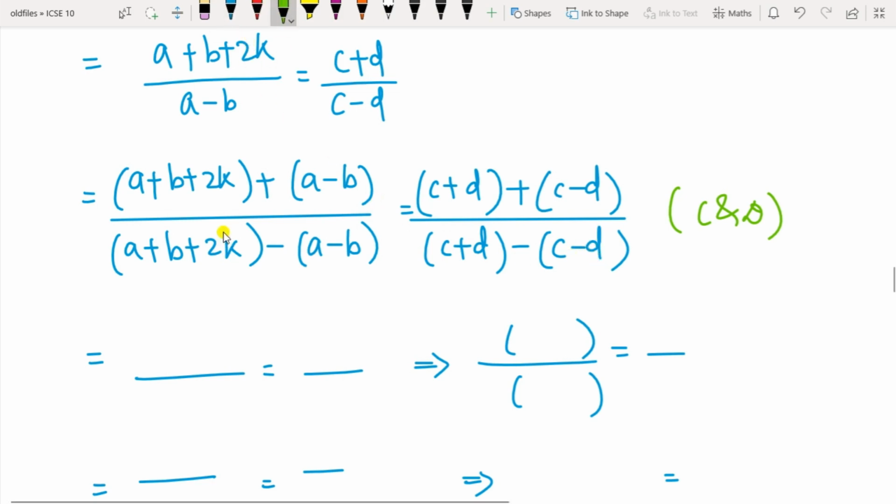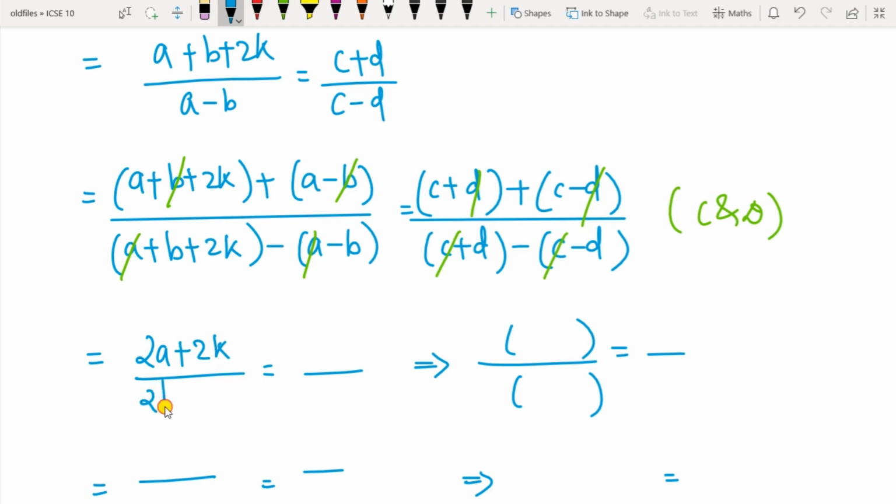So here what will get cancelled is plus b minus b from this side, and here a will get cancelled, here d will get cancelled, here c will get cancelled. So what's remaining is here 2a plus 2k, in the denominator it is 2b plus 2k, upon 2, equal to 2c by 2d.